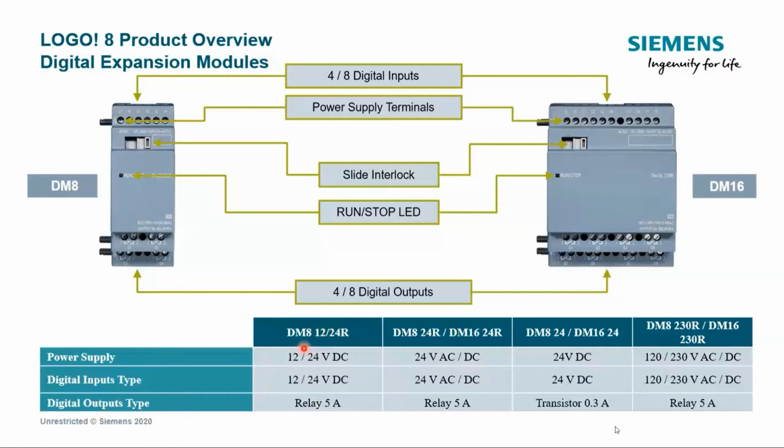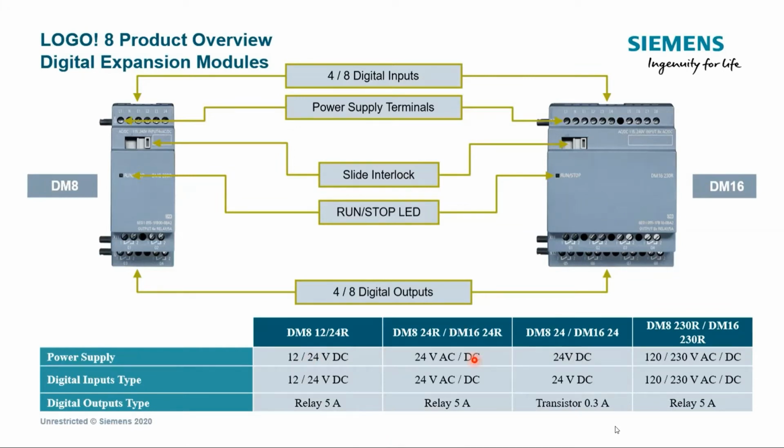For 1224, we have only DM8 that has a 12/24 volt DC input, power supply and digital inputs, and a relay type output. Please just be careful. The relay output rating for the expansion modules is 5 amps. It is not 10 amps, similar to the logic module.